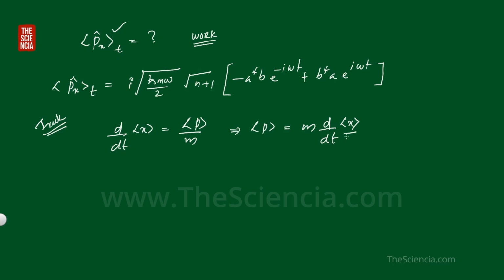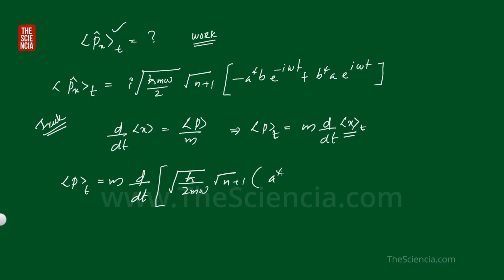Here we already found the expectation value of x in terms of time. So we can find the expectation value of momentum at time t. That is, the expectation value of p at time t is equal to m into d by dt of the expectation value of x, that is root of h cross by 2m omega root n plus 1 into a star b e raised to minus i omega t plus b star a e raised to i omega t.